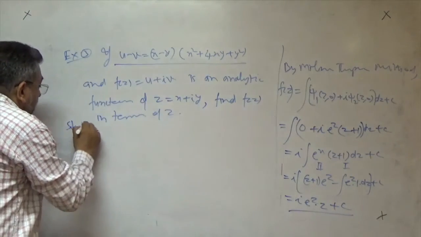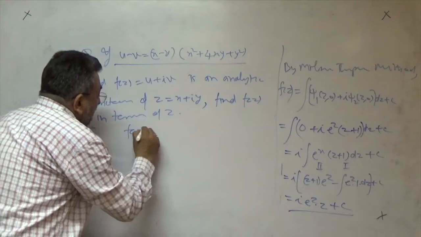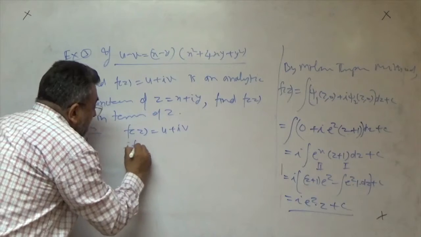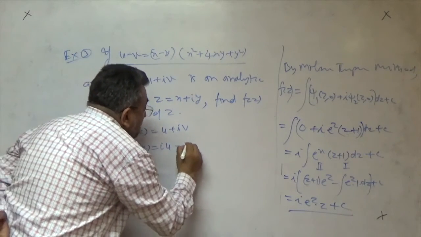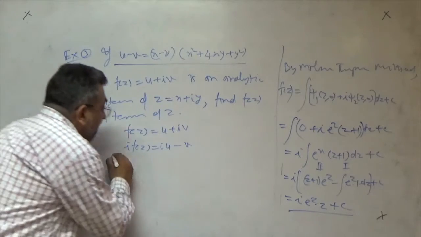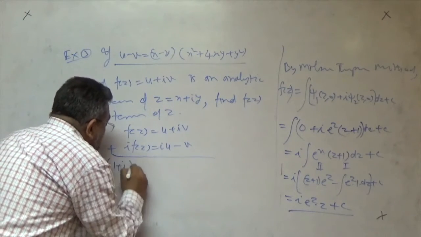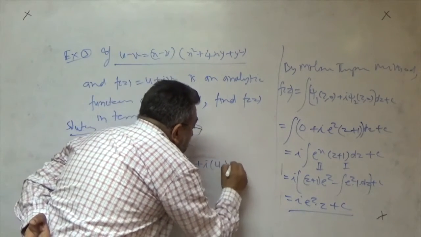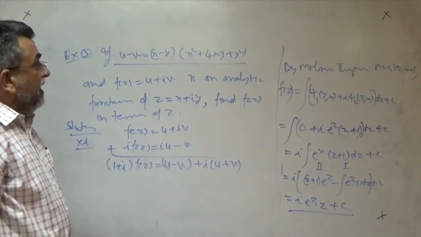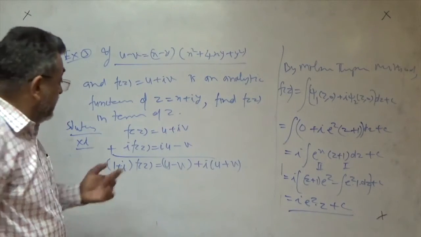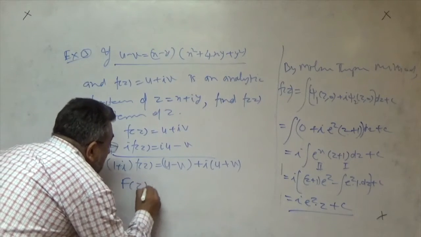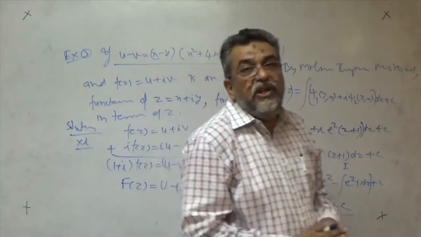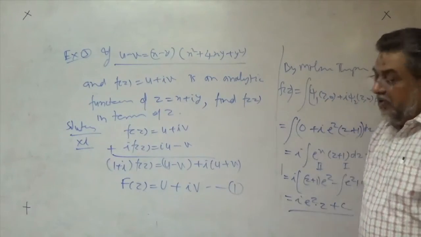First we calculate this thing here, given that f(z) equal to u plus iv. If we multiply it by i on both sides, we get i f(z) equal to i u minus v, since i square is minus 1. And if we add this, 1 plus i into f(z) equals the real part u minus v plus i times u plus v. We transform this into this form. Take this as capital F(z), this as capital U, and this as capital V. By this equation we change the transformation.